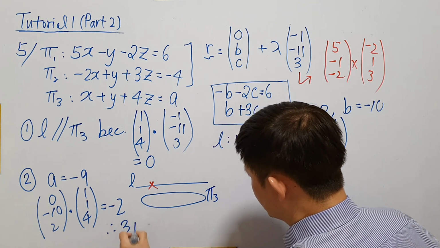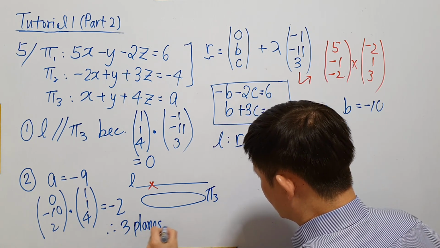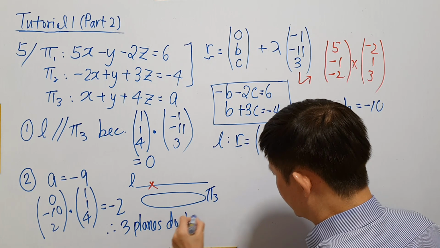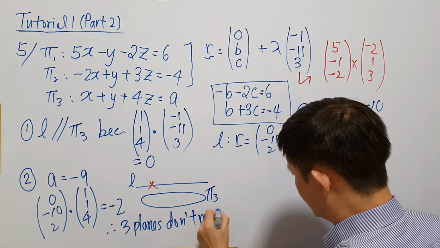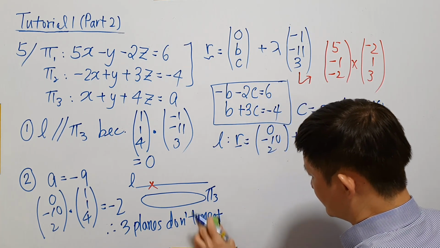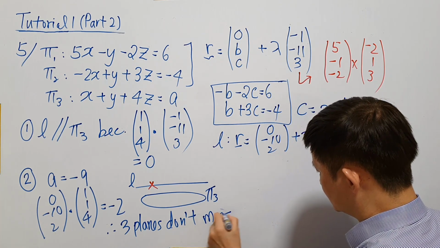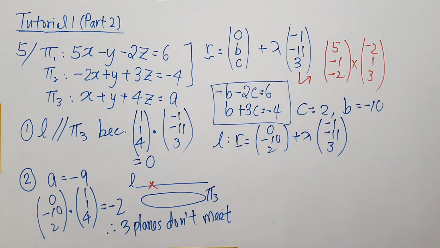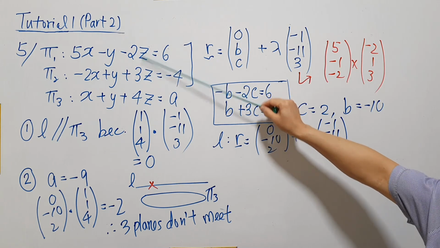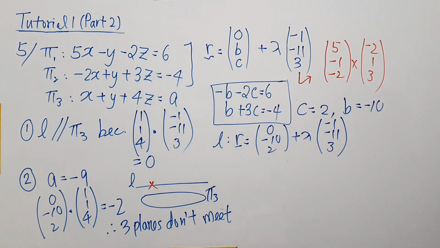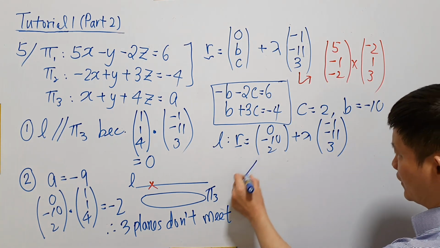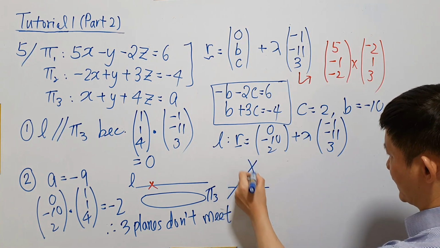Therefore, the three planes do not meet. And also because these three planes are not mutually parallel with each other, and they don't meet, the conclusion will be that the three planes are actually like that.